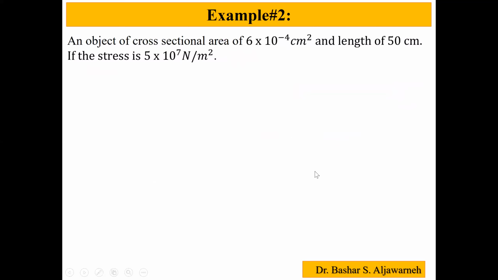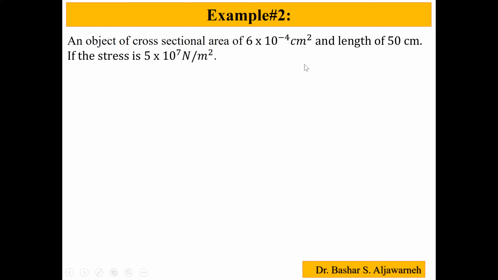Another example, an object of a cross-sectional area of 6 times 10 to the power minus 4 centimeter square and length of 50 centimeter, if the stress is 5 times 10 to the power 7 Newton per meter square. Okay, I'm not going to the question. I have some comments.